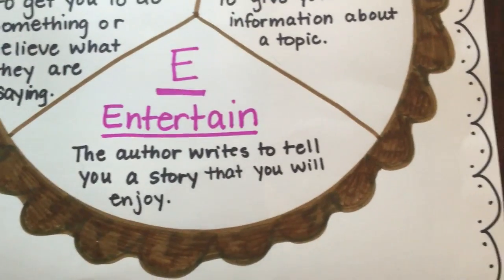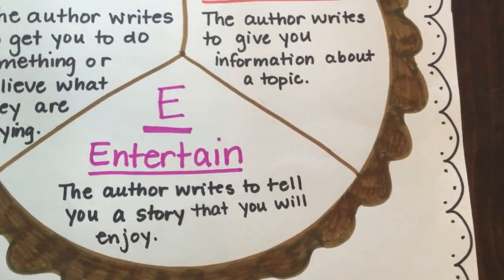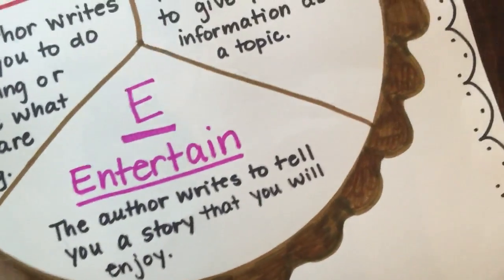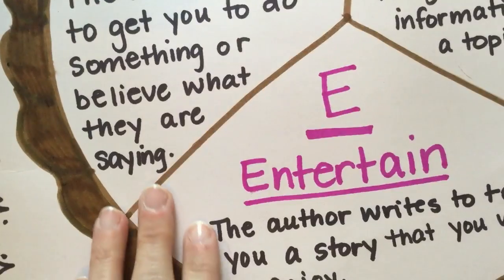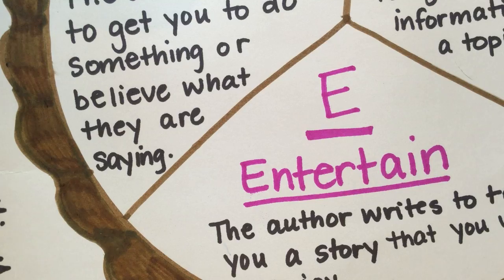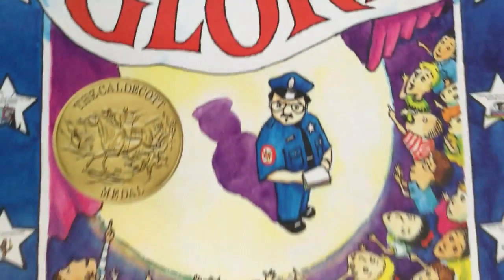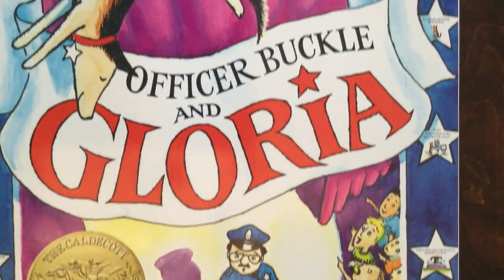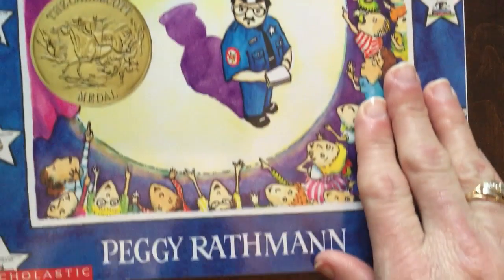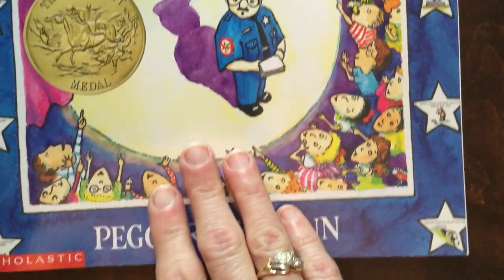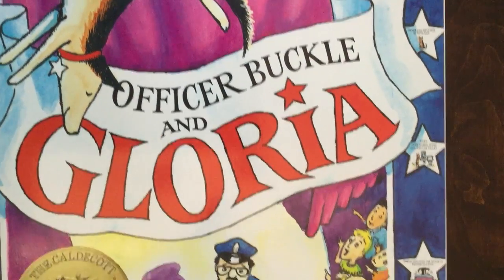So yesterday we read Officer Buckle and Gloria, and I asked you at the beginning to think about why that author wrote this book. Was it to persuade, inform, or entertain? I hope you thought it was to entertain.